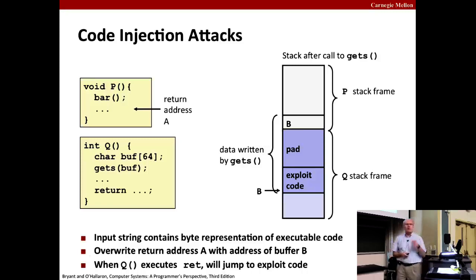So that's a classic code injection attack. And in fact, in this lab that you're going to start, it comes out at midnight, it's called the attack lab because you're going to do this yourself for part of the lab. And I think you'll find it pretty interesting.